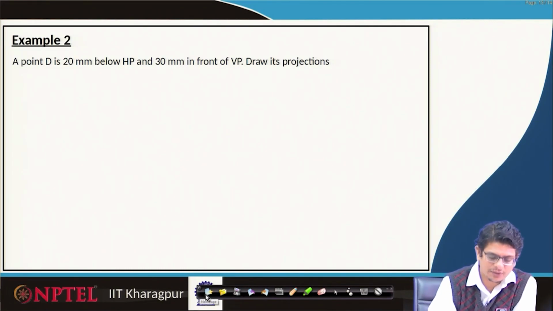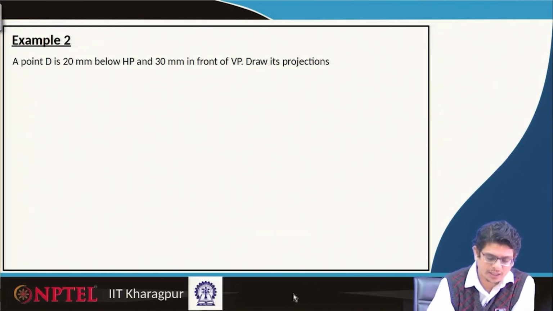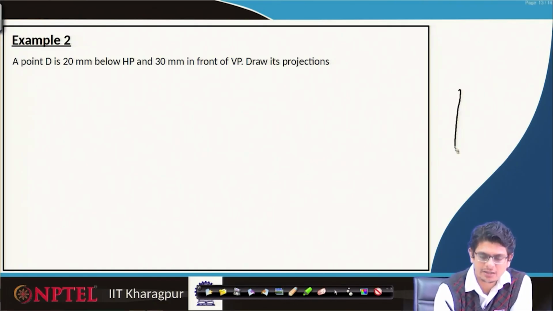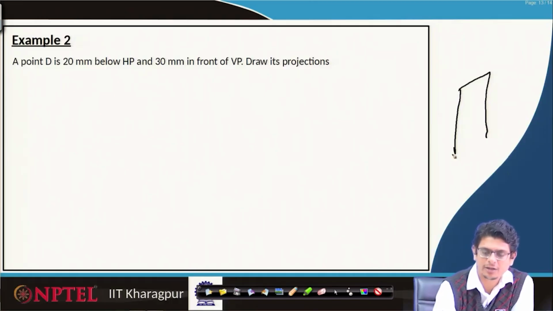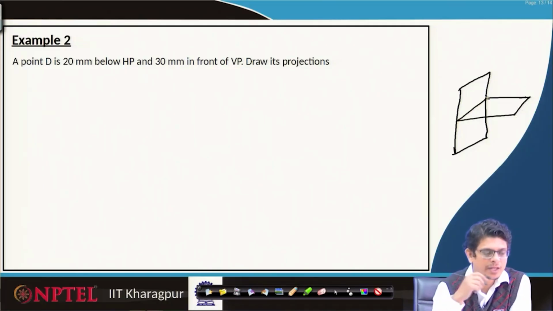To visualize that, first of all we have to construct a schematic like this: this is the vertical plane and this is the horizontal plane. There is a point D 20 mm below the horizontal plane. 20 mm below means somewhere here, and 30 mm in front of the vertical plane.